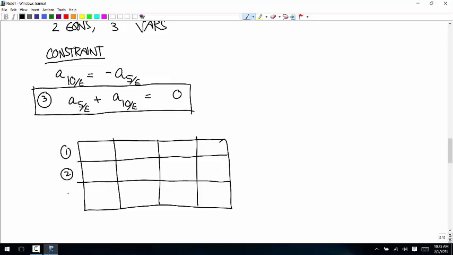One, two, three. The variables are t, a5, a10, and then the constant. So for the first one, we had 1 times t minus 10 times a10 is equal to 118.1.